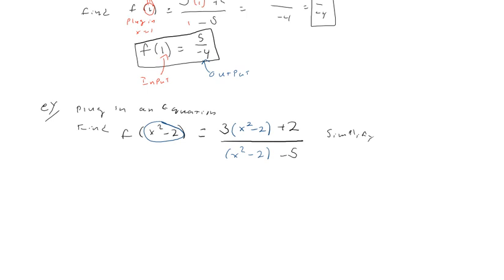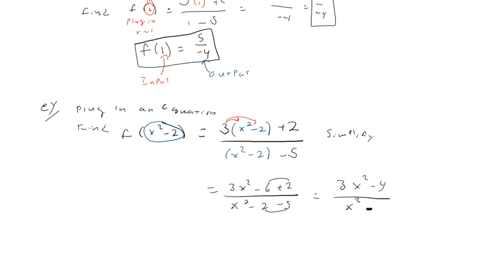This is going to become 3x squared minus 6 plus 2, over x squared minus 2 minus 5; I don't need to distribute anything in the denominator. Then I can combine these two and these two. 3x squared minus 6 plus 2 is minus 4, and x squared minus 2 minus 5 is minus 7.